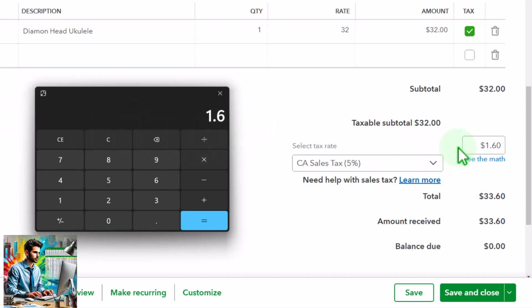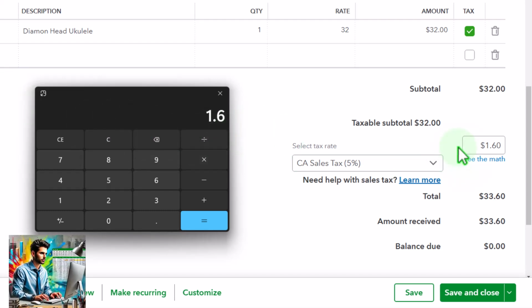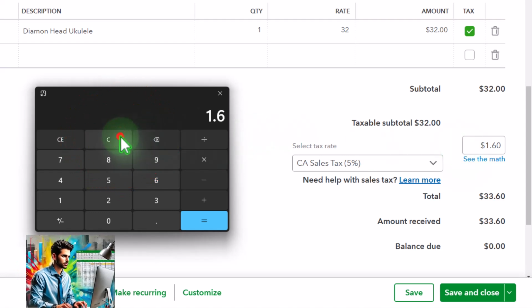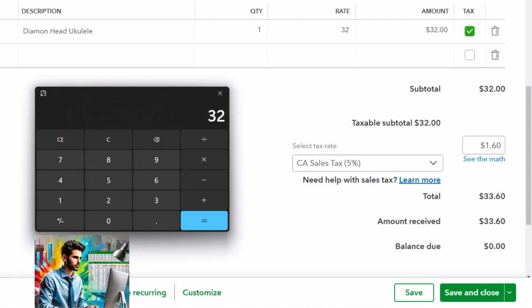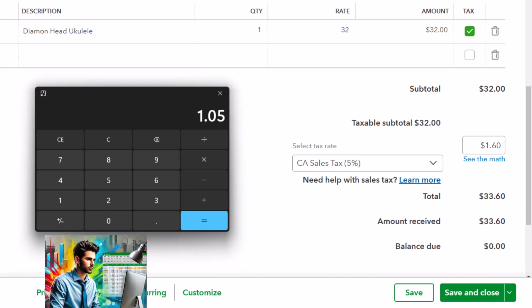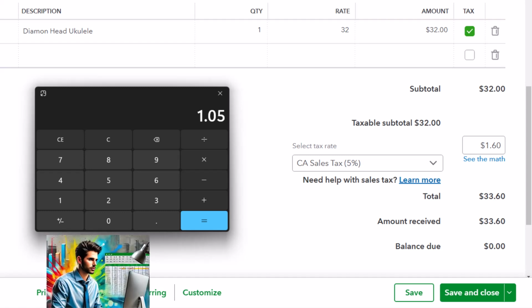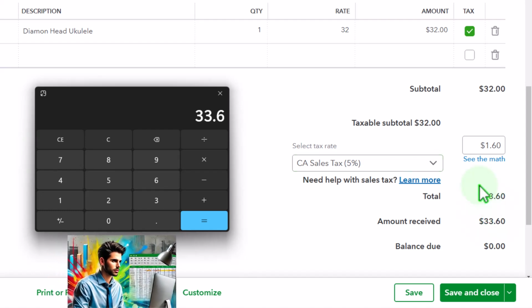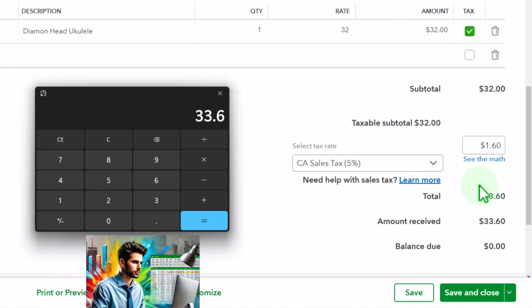So we have to collect another $1.60 for California, or in total, 32 times 1.05, 100% plus 5%, 105%, or 1.05, which means we're going to have to collect $33.60, right? So what's the journal entry going to look like?